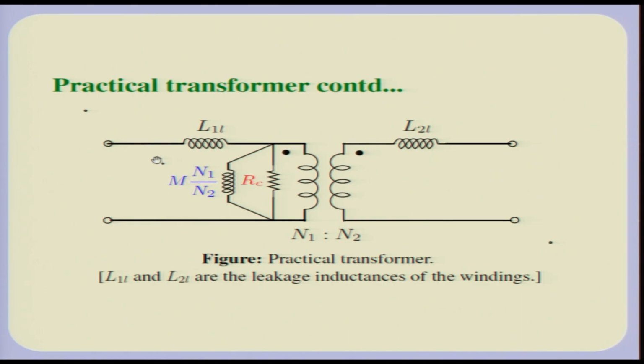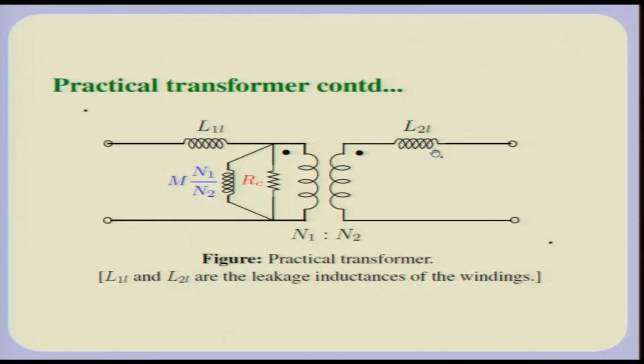So, before I tell you what kind of experiment I am going to have, remember that the leakage effects can be represented by these series inductances which do not take part in transformer action. They are just some fluxes linked with the first coil, but not with the second coil. You can represent it as a leakage inductance. Okay. So, this is called a leakage inductance.